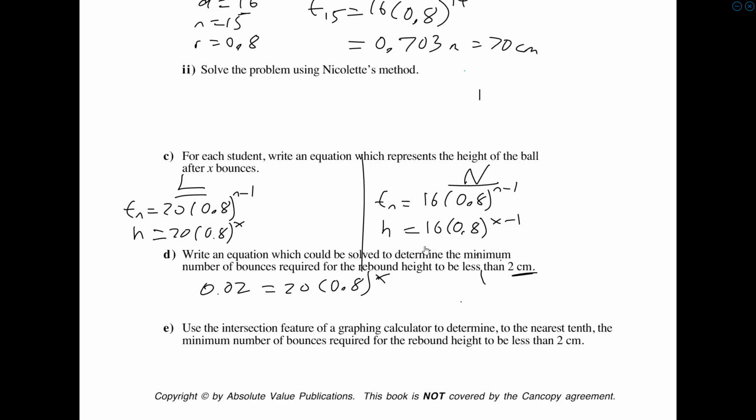But give it a try. Okay, intersect point, what's the x value?